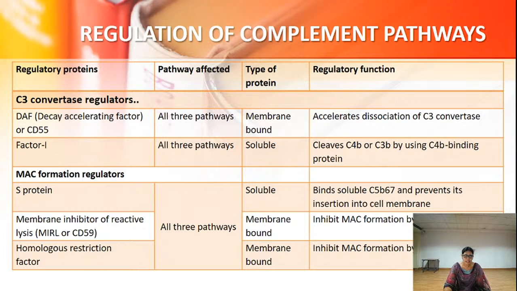So those are the regulation proteins. If you remember these names and which part they act on, it will be sufficient. You can write them: factor I and H for C3 convertase, DAF also, and membrane inhibitor of reactive lysis, homologous restriction factor and S protein for MAC formation regulation.